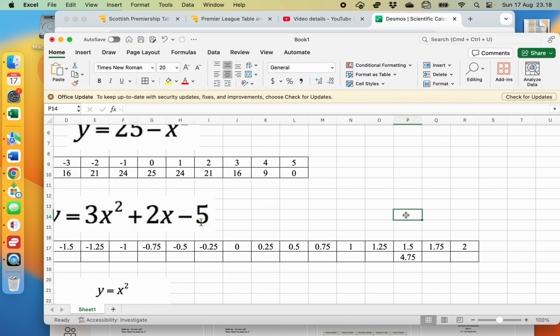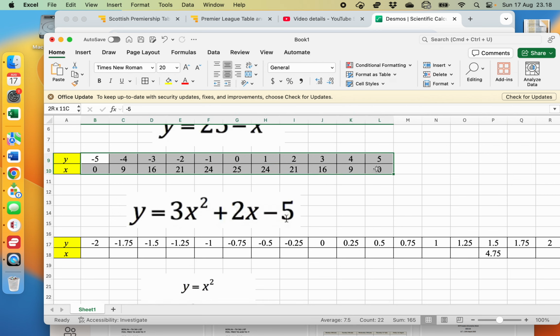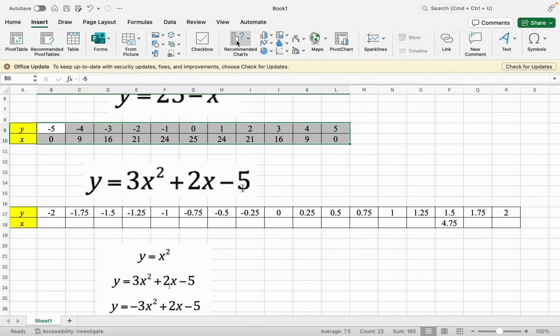Now, it's interesting to make a graph of y and x on this, so let's find my graphing function. Insert.